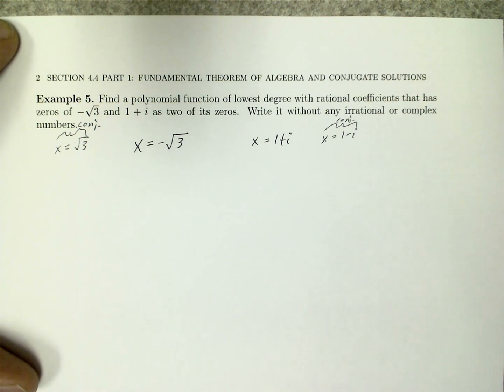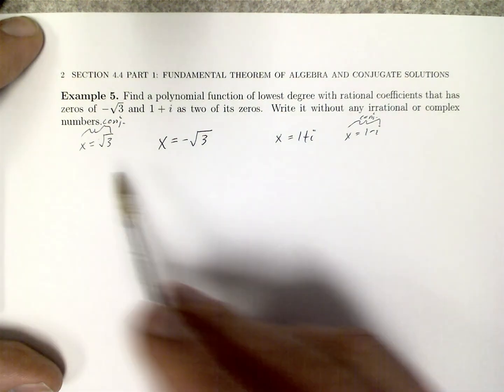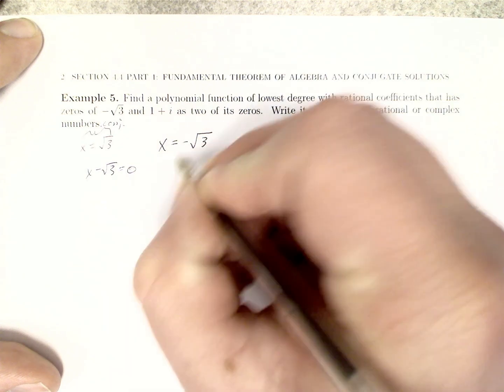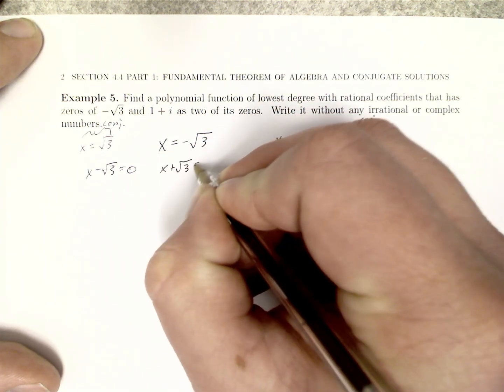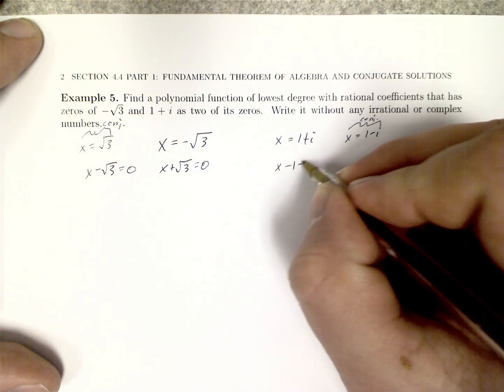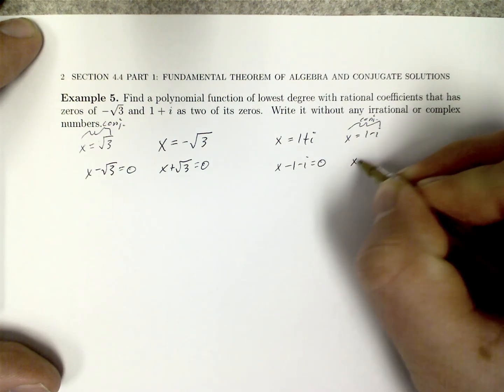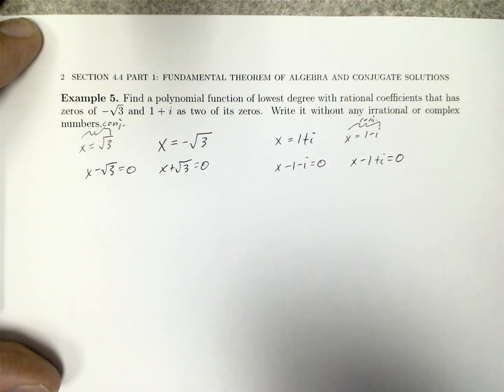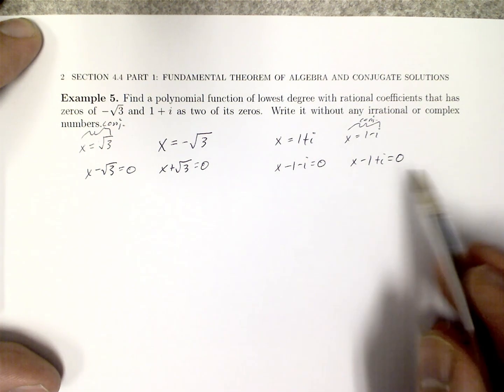All right, and then we try to get these as factors. So x minus the root of 3 equals 0, x plus the root of 3 equals 0, x minus 1 minus i equals 0, x minus 1 plus i equals 0. And now we have these four factors.